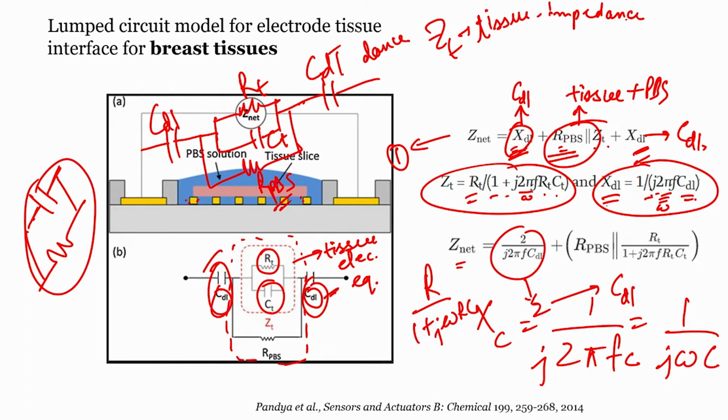And then there will be this central element, which is a parallel combination of the resistance offered by PBS and ZT. What you get finally is RPBS in parallel with RT over 1 plus j 2 pi f, which is omega, RT CT.